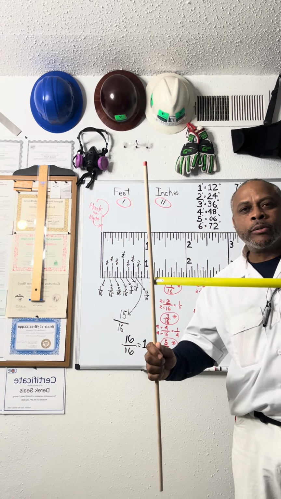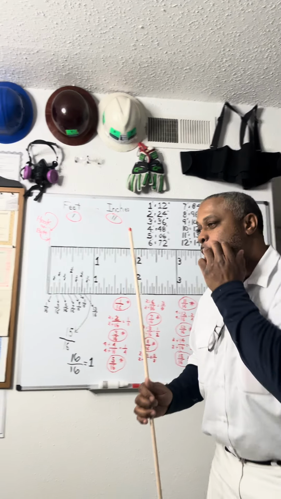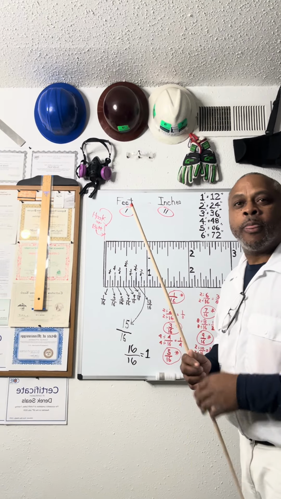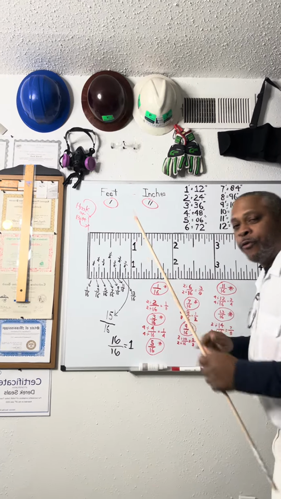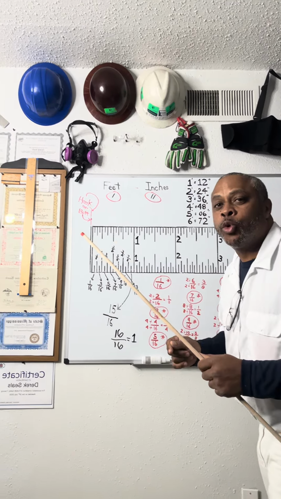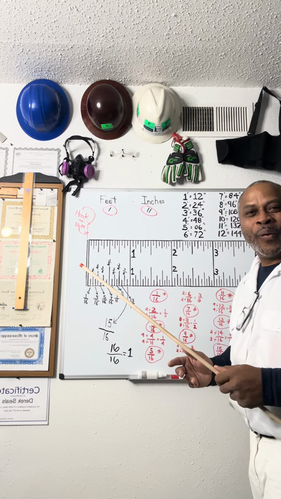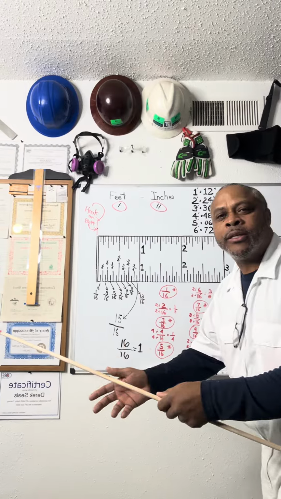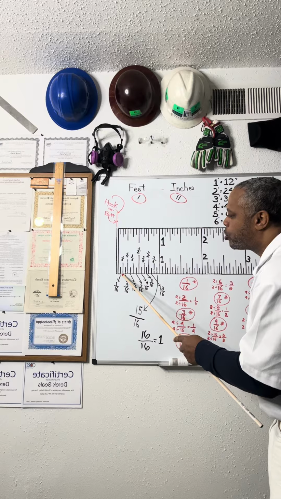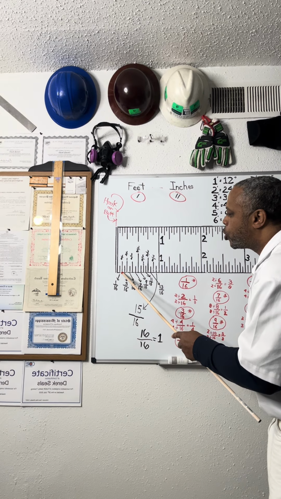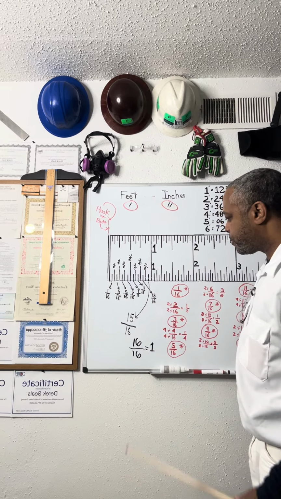So when you call out hook the wall plate in framing, hook, go 1 foot 2/16. 1 foot 1/8. 1/16, 2/16, 1/8. It's always going to be 1/8.